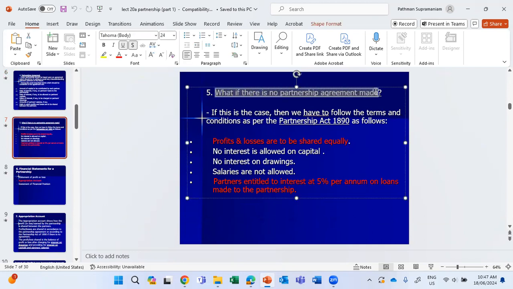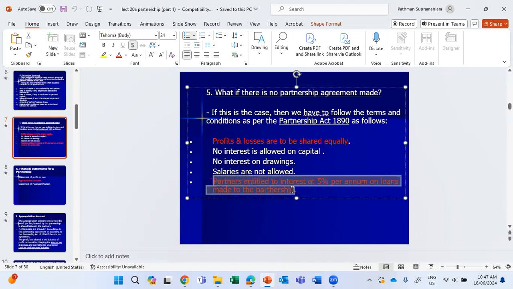Okay, if the question tells you that there's no agreement made, then what I highlighted in red only applies. I repeat, what I highlighted in red we actually have to follow. If there's no agreement made, then we follow what is called the Partnership Act 1890. So this is something which happened in the year 1890, like more than 100 years ago.